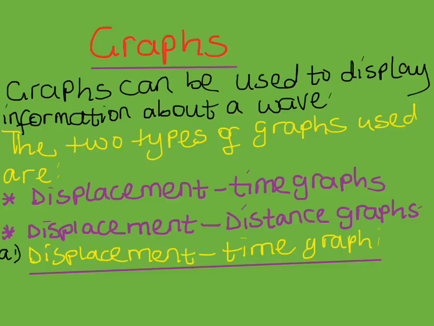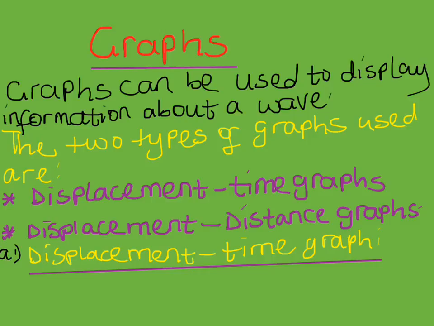Now, a displacement time graph is a graph of displacement against time. That is, you plot the displacements on the vertical axis and the time taken on the horizontal axis.